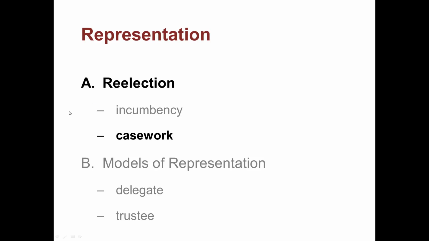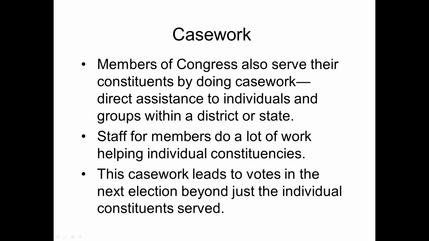One way, besides overall just broadly serving in a way that the people in your district or state like, another way to try to secure re-election and to gain favor among your constituents is through casework. This would be a more narrowly focused set of actions that people in Congress can take, interacting with specific individuals within their district or state.